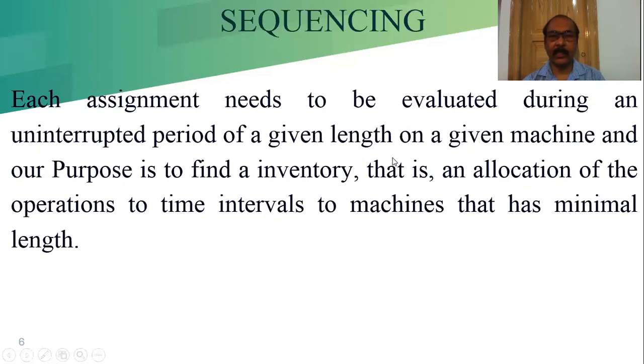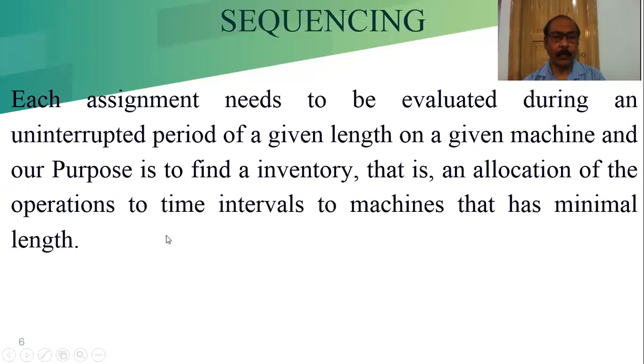That is what we consider as the length on a given machine, and our purpose is to find an allocation of the operations to time intervals on machines that has minimal length. Length means we have to find the elapsed time.